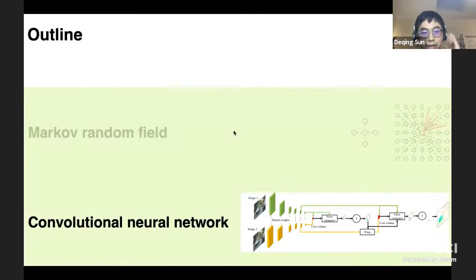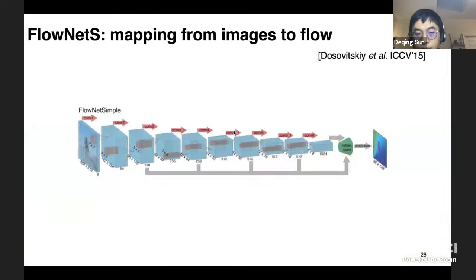Okay. So next, let's go to the neural network-based approach, and I will reuse some of the domain knowledge from the Markov random field approach to analyze it. This FlowNet was the first approach that brought this paradigm shift in optical flow.